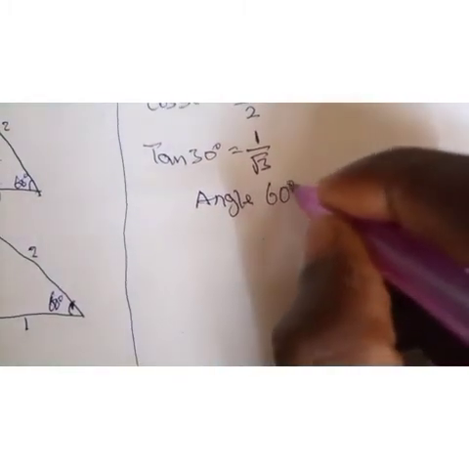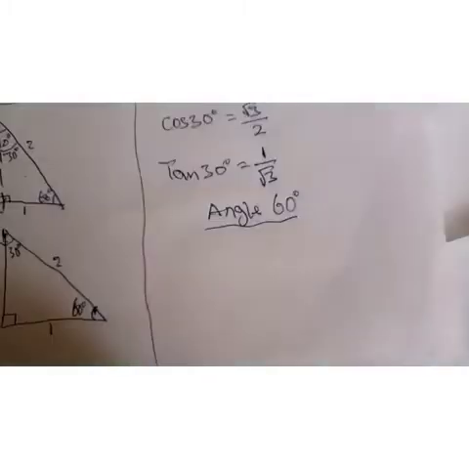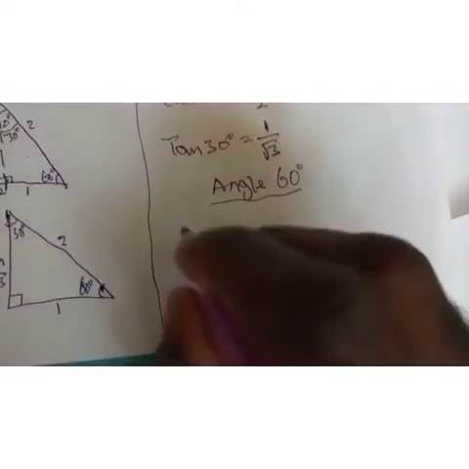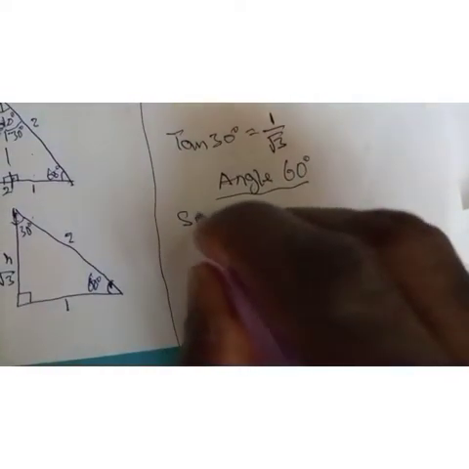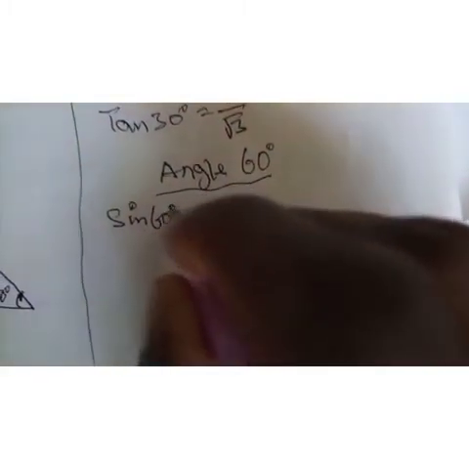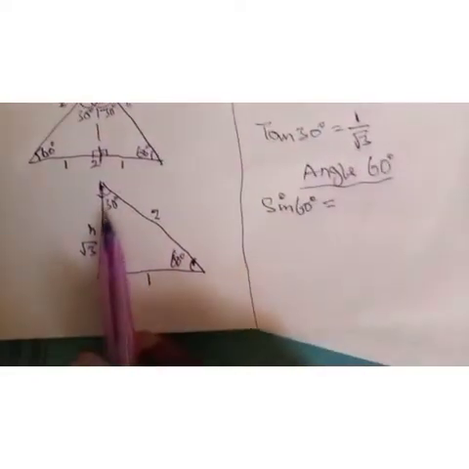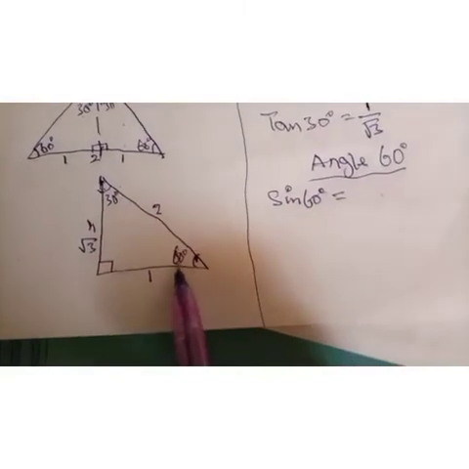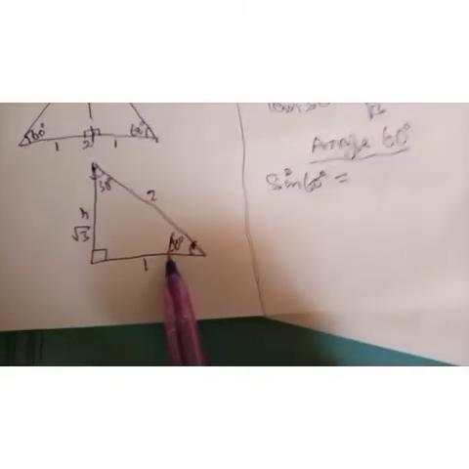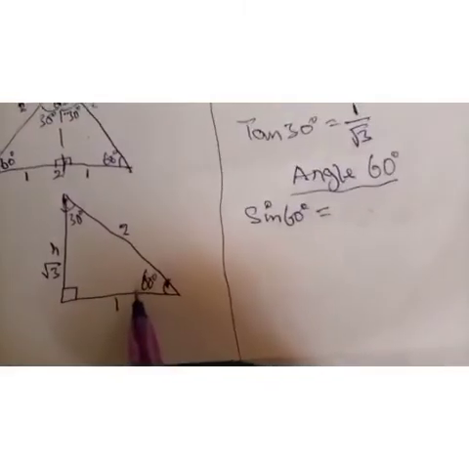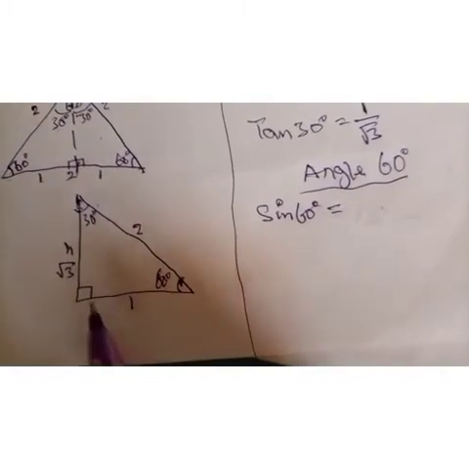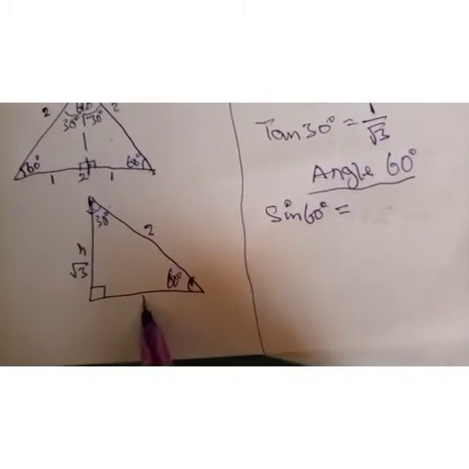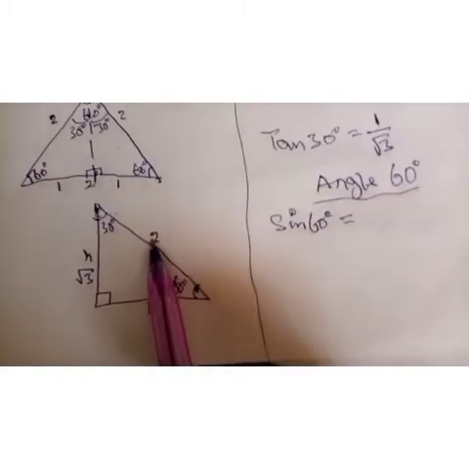Angle 60 degree. So sine 60 degree. When you look at this angle here, we are no longer dealing with 30 degree, but we are dealing with 60 degree. So the 60 degree here, the opposite is root 3, the adjacent is 1, and the hypotenuse is 2.